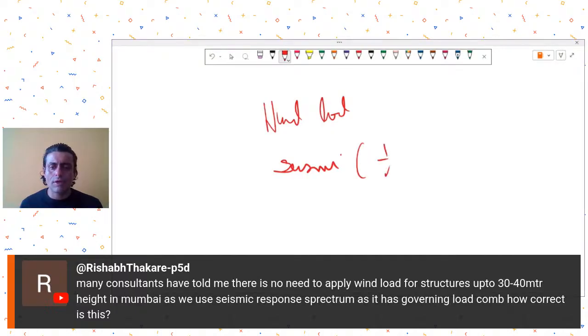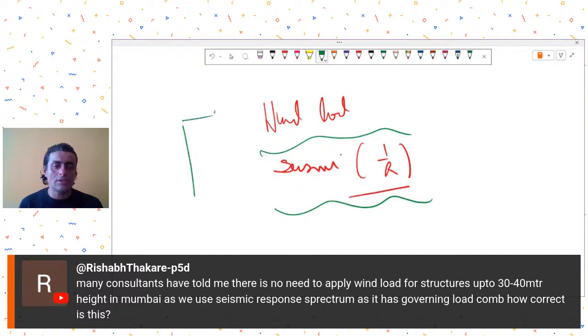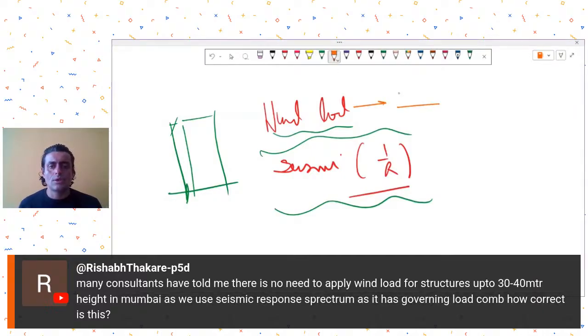We are designing for 1 upon R. So it happens that even if your height of the structure is not very tall, because you design the wind effects for the full wind loads, we try to do it as elastic design. And the seismic loads are reduced by 1 upon R, so it may happen that wind loads may become governing even in high seismic zone regions.